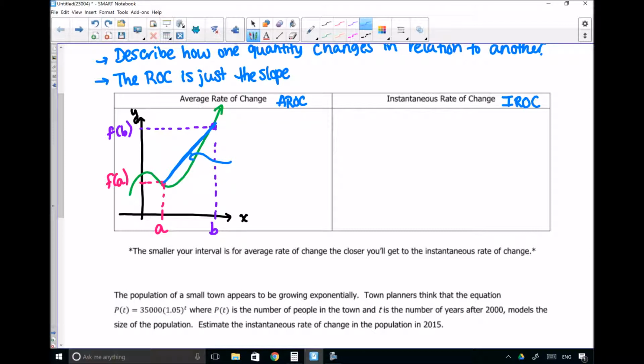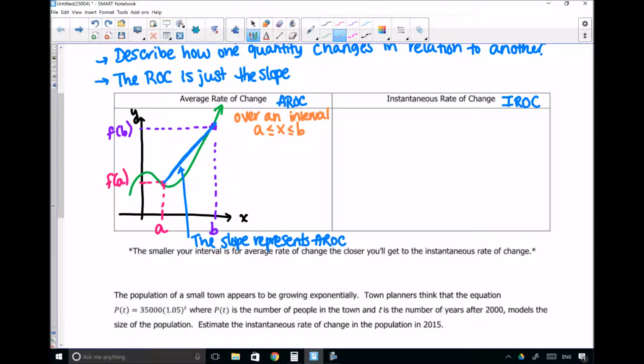So right here, we're just going to say that the slope represents our average rate of change. So remember, our average rate of change is over an interval, okay? That's really important. And our interval is from A to B.